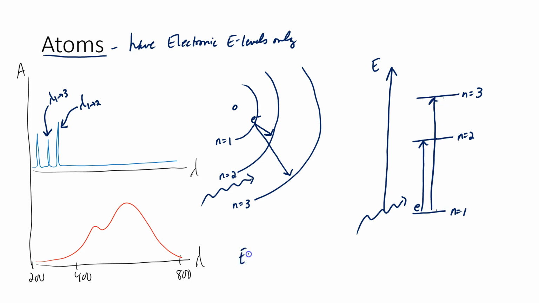Or in other words, each line, and I'm talking about these lines that you see in the absorbance spectrum, each line represents a transition, or more specifically, the movement of an electron from one shell to another, or from one electronic energy level to another electronic energy level.